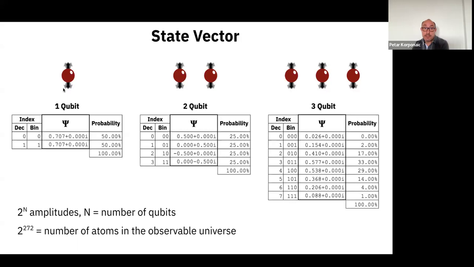So this is all we can read from quantum computing. We can only read a bit string, but it has a probability of reading one or another. In this example, this is a 50-50 probability. So 50% probability of 0, 50% of 1.